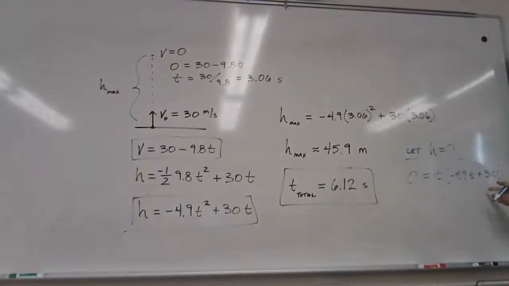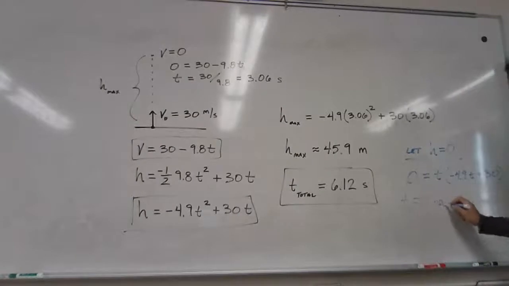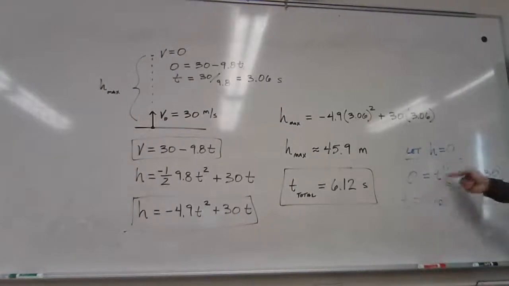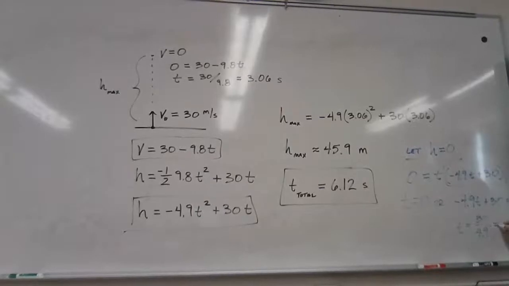Okay, so if you solve this, you get either t equals 0 or this expression has to be 0 because their product is 0. And then if you solve this, you get 30 divided by 4.9. Again, I'll use my superior calculation techniques. I'm going to say 1, 2.